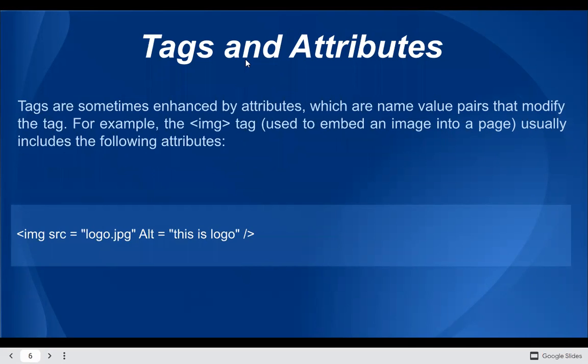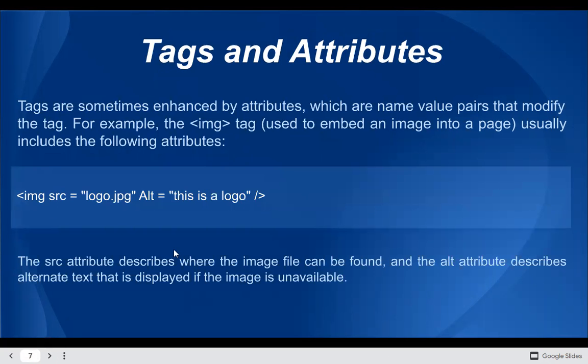So tags are enhanced by attributes, which have a name and a value, and that modify the tags. For example, the image tag used to embed an image into a page usually includes the following attributes: the source, and the alt, which is the alternative text, such as the logo.